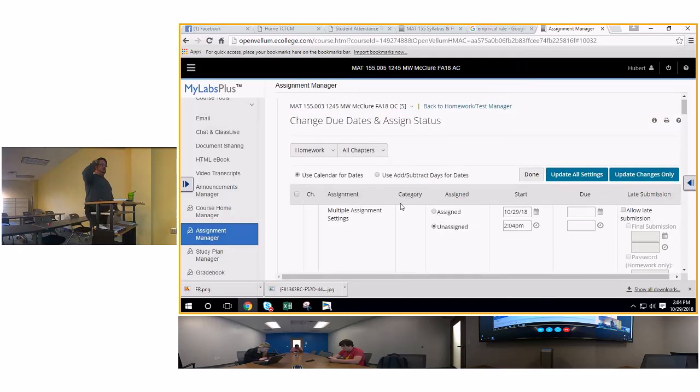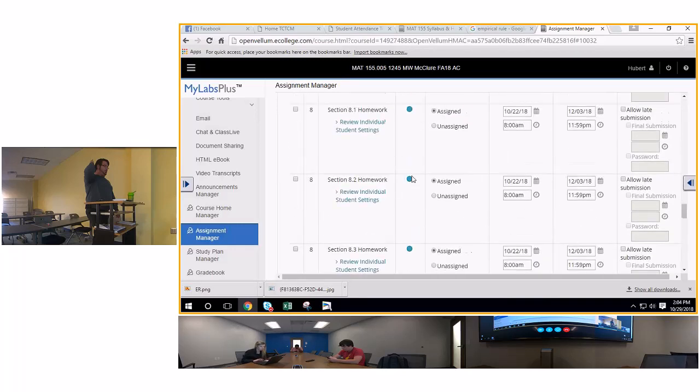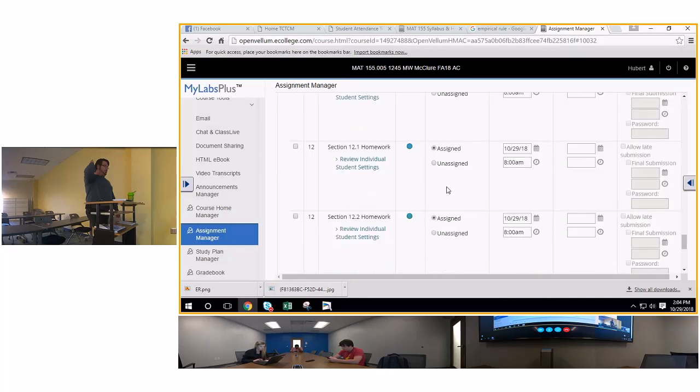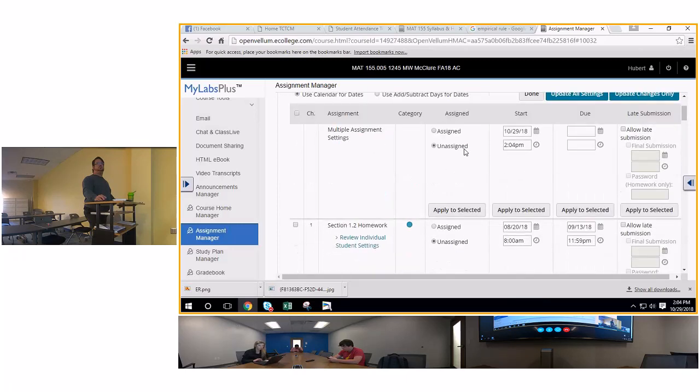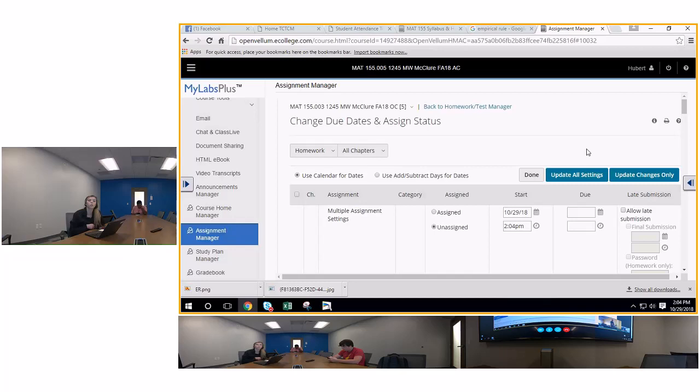See if you can see 12.1 through 12.4 and 11.1 and 11.2. Yes or no? Yes. Okay. 12.4 is the last one open.